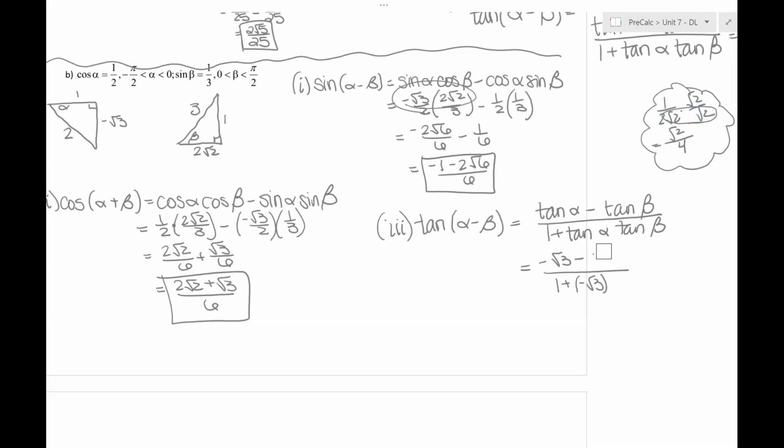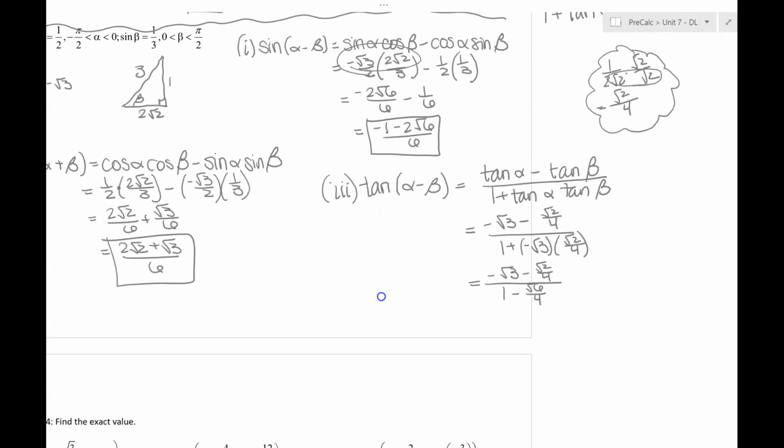Okay, so let's go ahead and change that, and then we'll put that down here also. Just going to make our life a little bit easier. So in the numerator, we can go ahead and say that it's negative rad 3 minus rad 2 over 4 all over 1 minus rad 6 over 4.